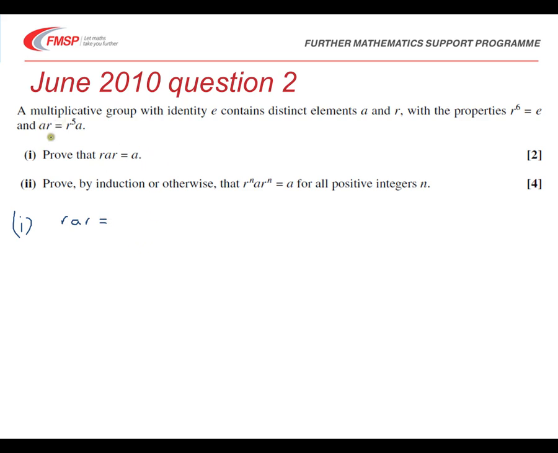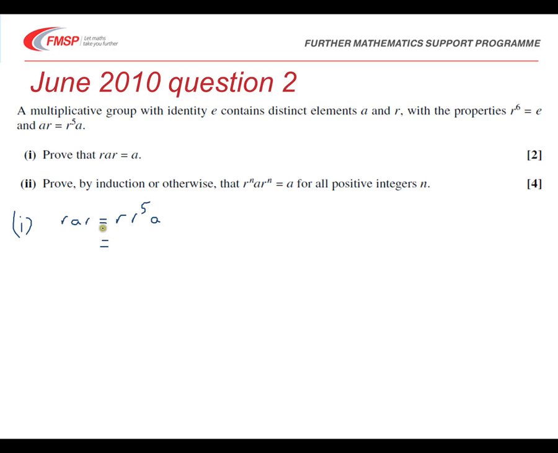Well, I know AR is R to the 5 A. So I've got R times by R to the 5 A. Now I've got to be very careful, and I want to show the examiner here that I understand associativity.